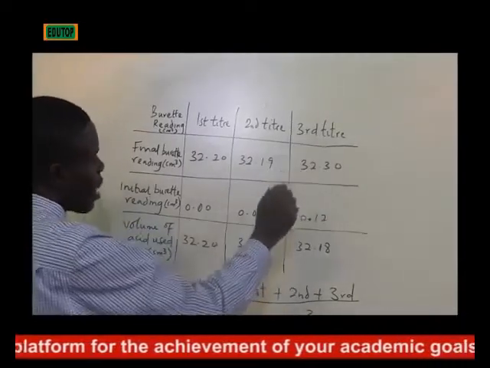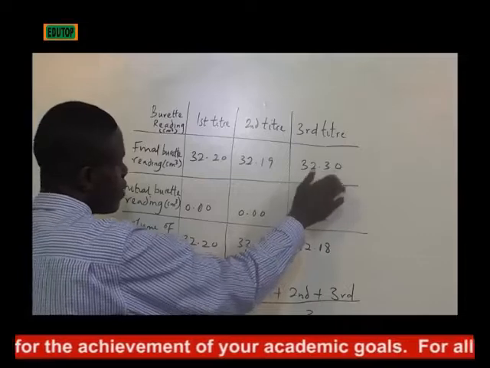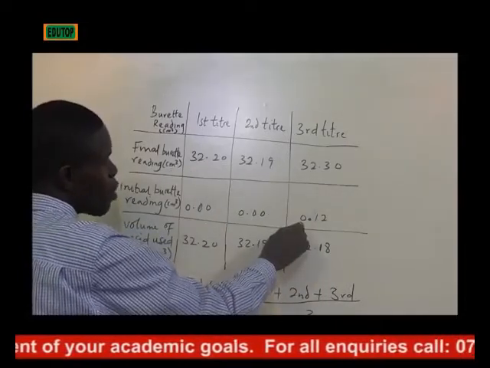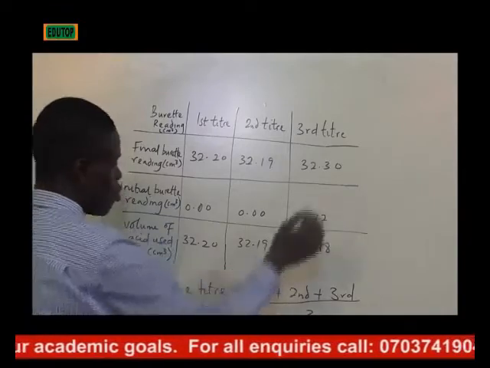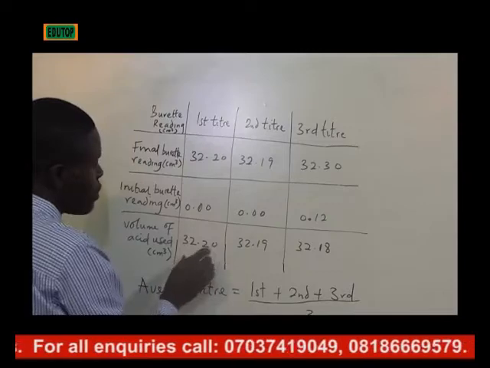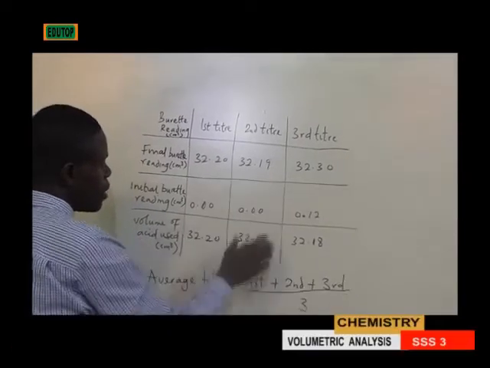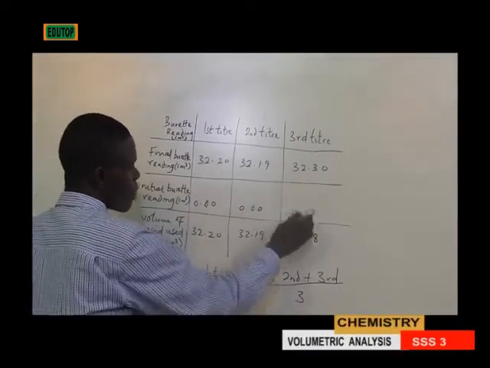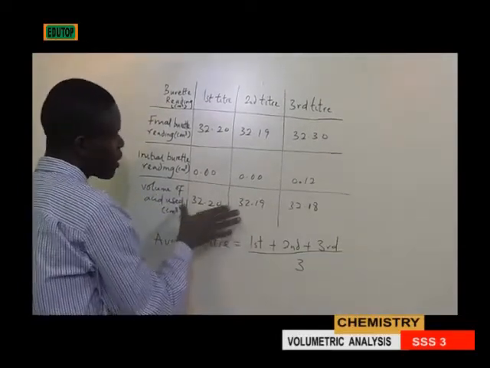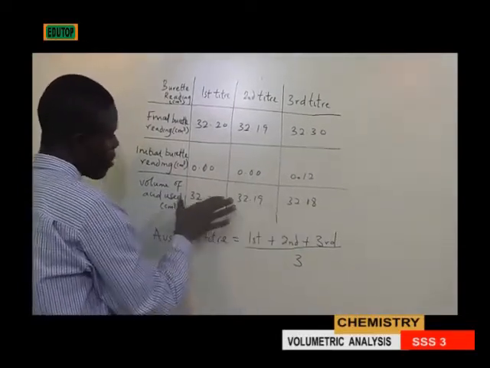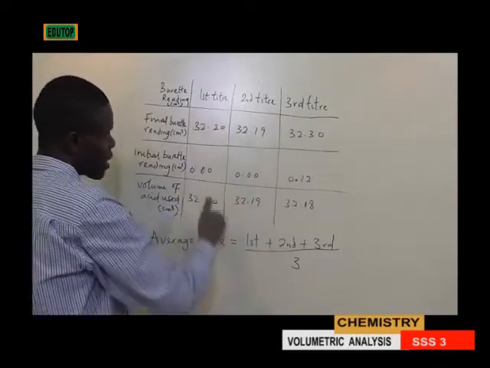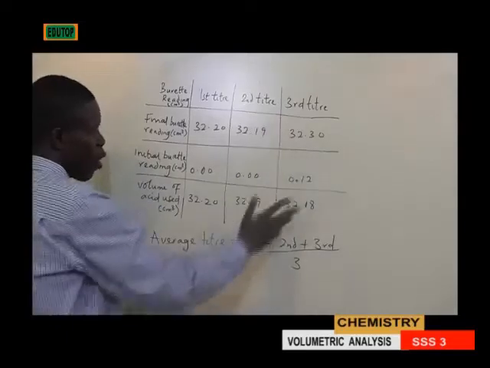Then the third titer, 32.30 cm³, while the initial burette reading is 0.12. When we subtract the initial from the final, we have the respective volumes of acid used in the first, second, and third titer.